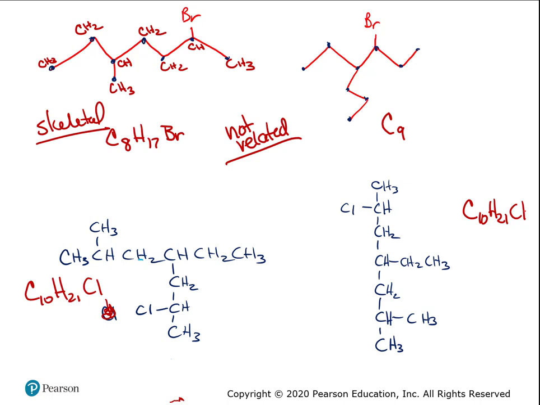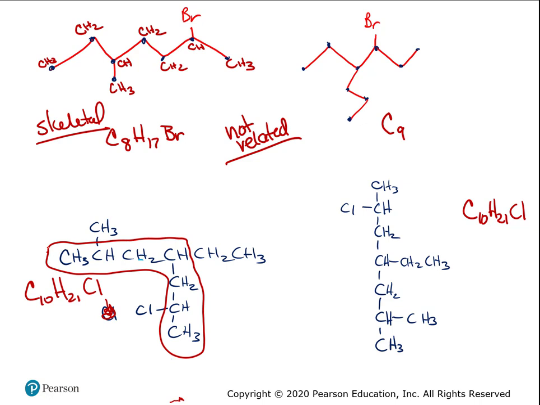What's the longest carbon chain in the first one? I got 7. Does everybody see 7? So start from the left, go across, and then down. If you go just straight across, you get 6. If you go from the right and down, you get 6. The only way to get 7 is this.